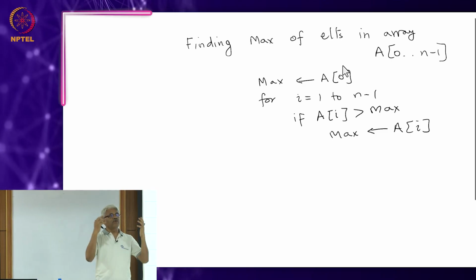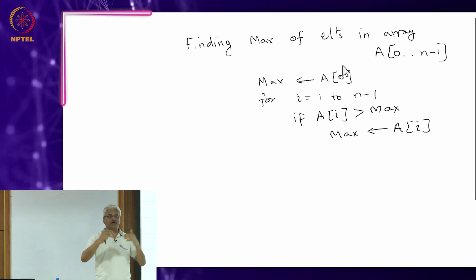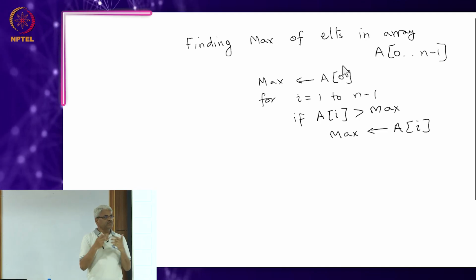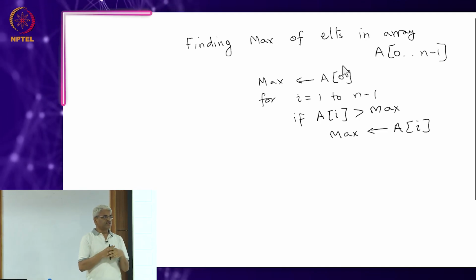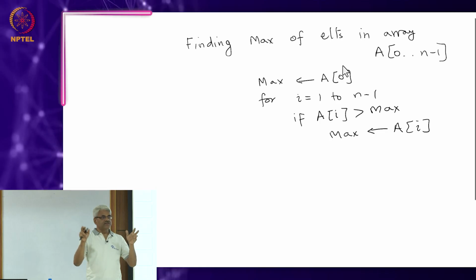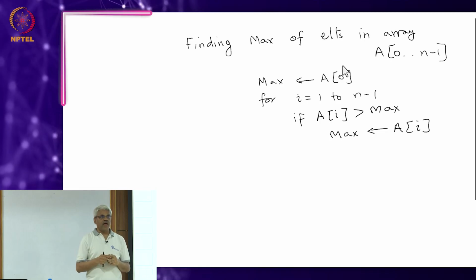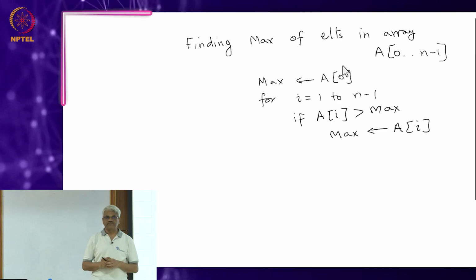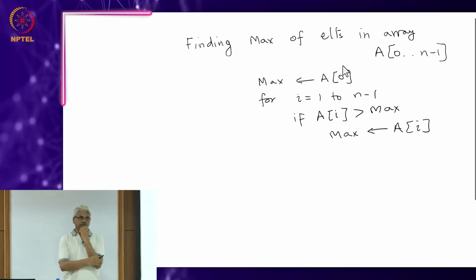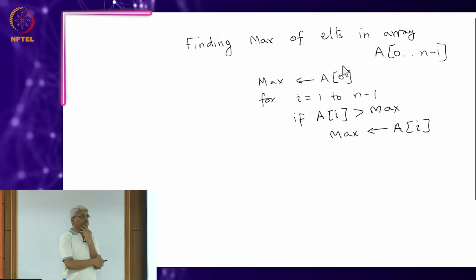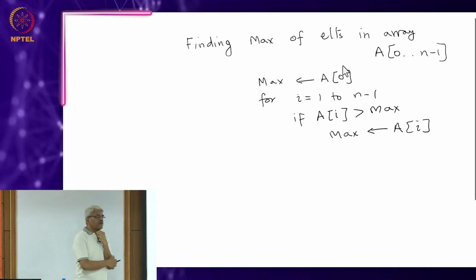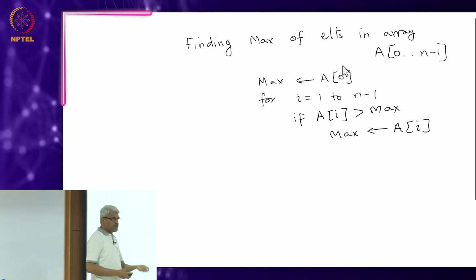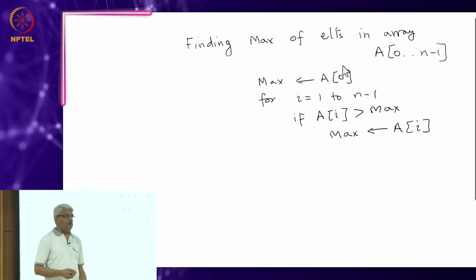Right. So many of you probably know that Quicksort, for example, its worst case complexity is n square, but it is n log n on the average. What does that mean? Average over what? No, the number of comparisons is what we are counting.